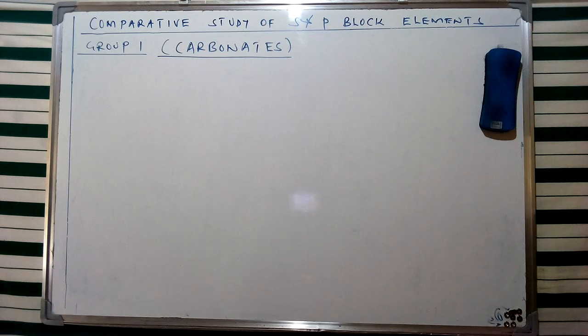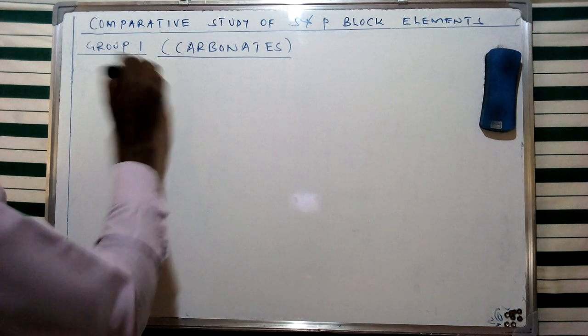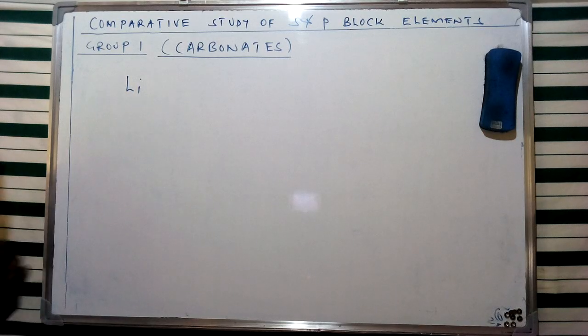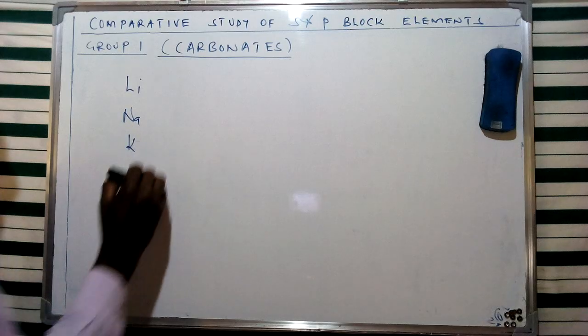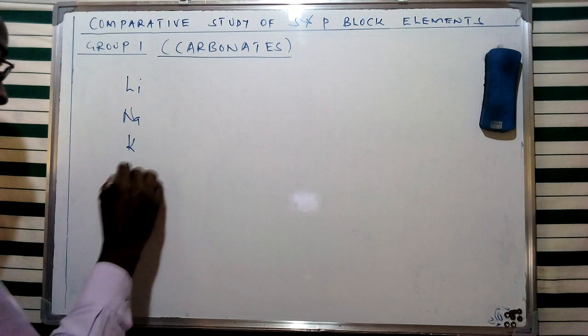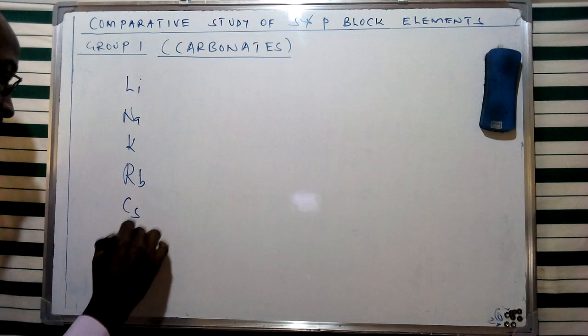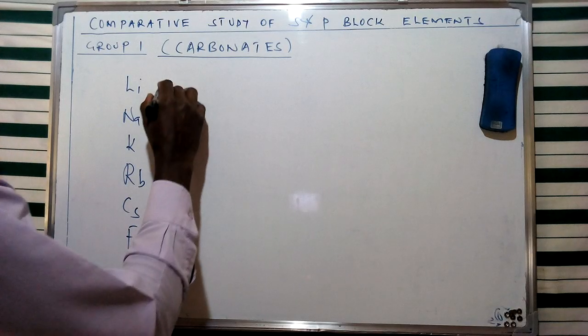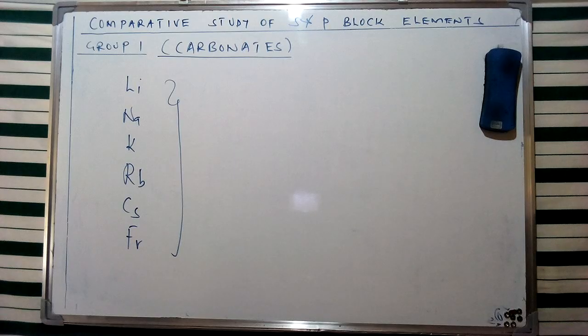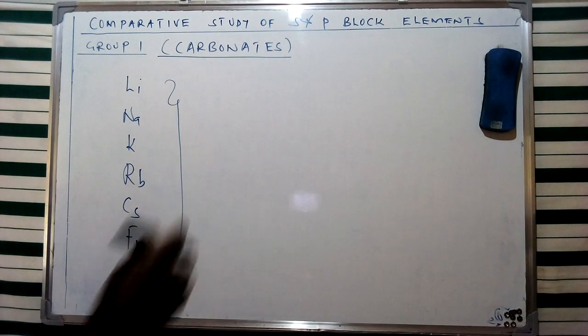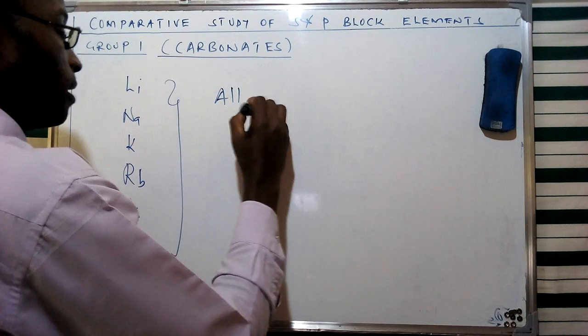Now, in this particular case, I mentioned a list of group 1 elements, which constituted lithium, sodium, potassium, and then we had rubidium, cesium, and francium. We're going to see that the carbonates of these compounds basically are going to be stable, and in this case, I'll just give this one in summary form.